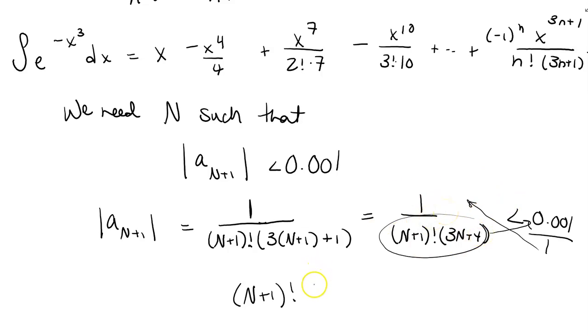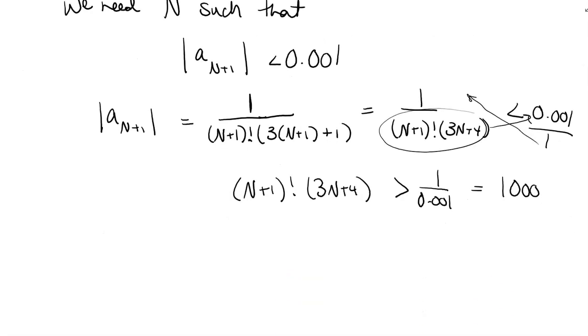So I would have n plus 1 factorial times 3n plus 4 greater than 1 divided by 0.001, and of course that is 1,000 if you put that in your calculator. Now, solving an inequality like this is not super easy if you need a precise decimal answer, but we don't. We want an integer, or actually a whole number.